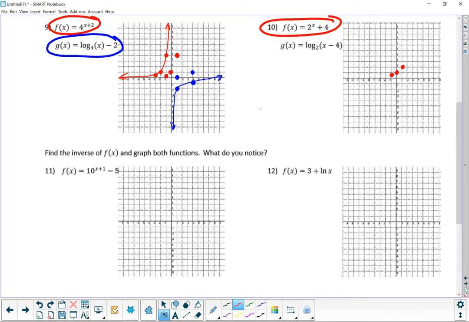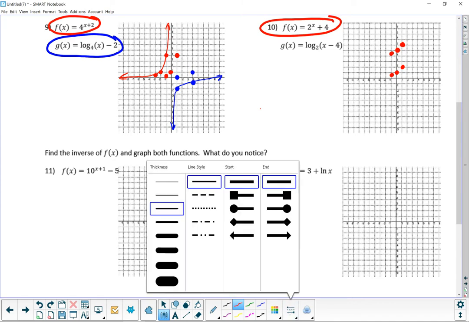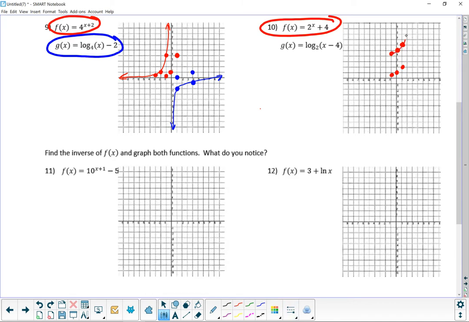Except this time around, it has a transformation of plus 4 in the back, so I'm going to translate this up 4 units. So 1, 2, 3, 4, and 1, 2, 3, 4, and the 1 half goes up 4 as well. Again, I'm just going to graph this in, and it's going to look something like this. I'm going to leave those 3 red points there.